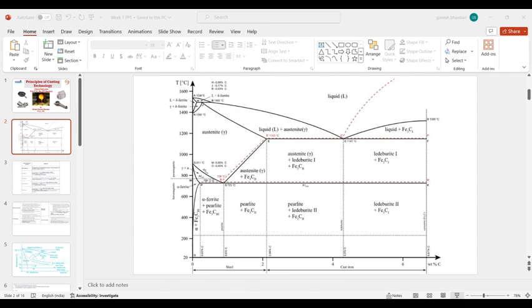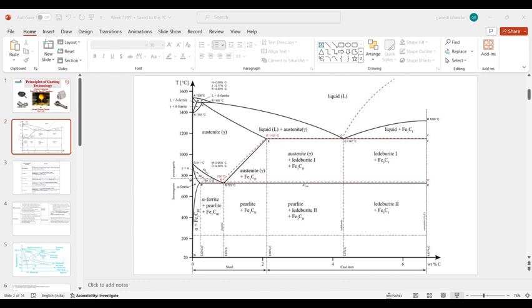So what will happen? As you can see, this is the start and this is the finish. This is the starting of phase transformation during the cooling process, and this is the ending of phase transformation from stable austenite to pearlite. As we can see, in the middle of this start and finish, we have a mixed phase of austenite and pearlite.